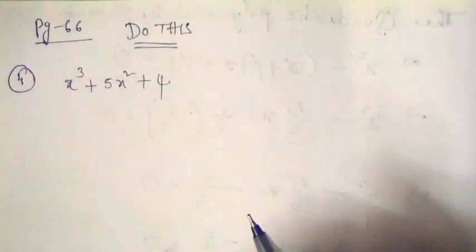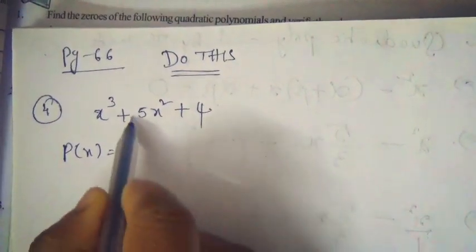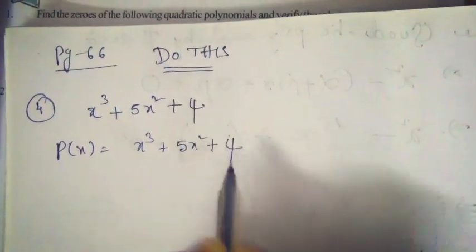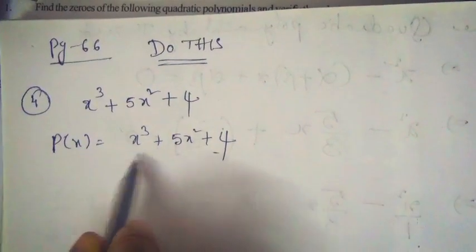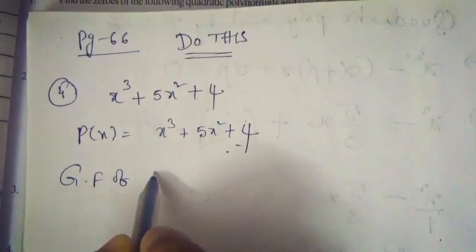Okay, so what is the fourth one? x cube plus 5x square plus 4. So it is P of x, P of x is equal to x cube plus 5x square plus 4. It is a cubic polynomial, right? What is the general form of a cubic polynomial?